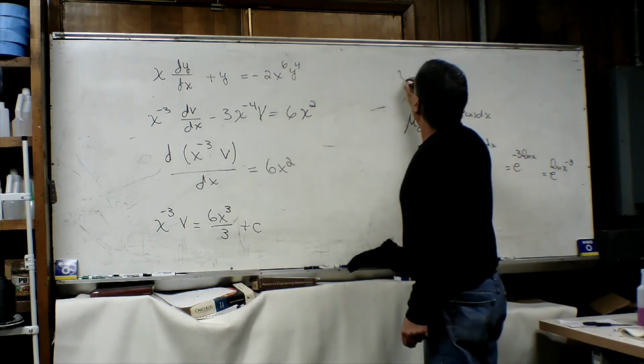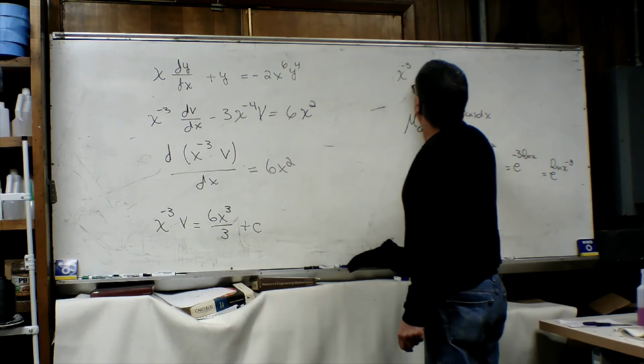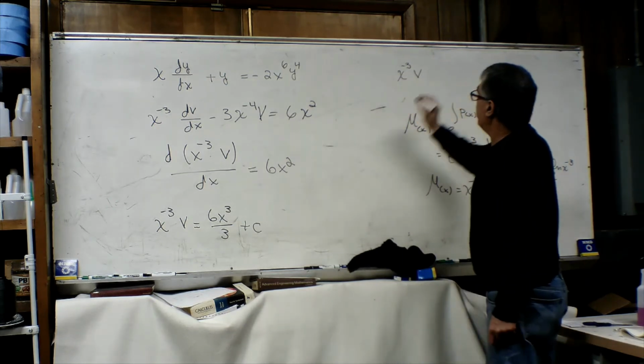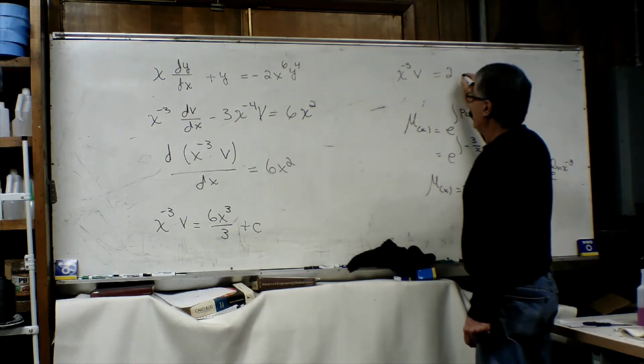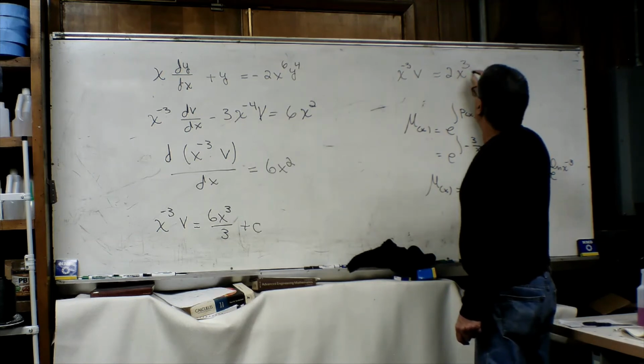So x to power minus 3 v will be equal to 2x cubed plus c.